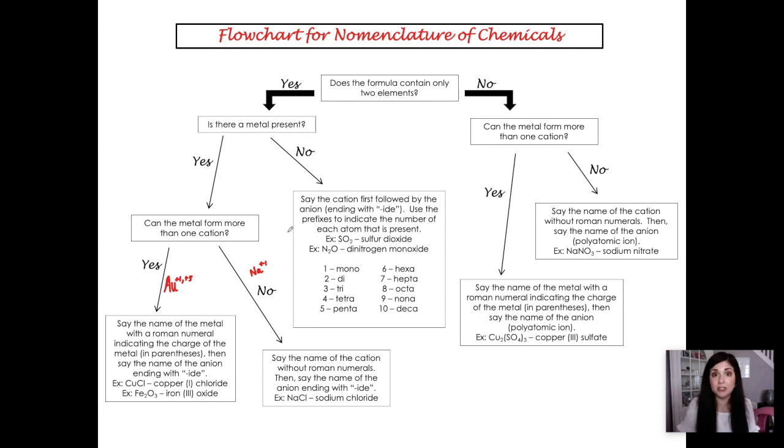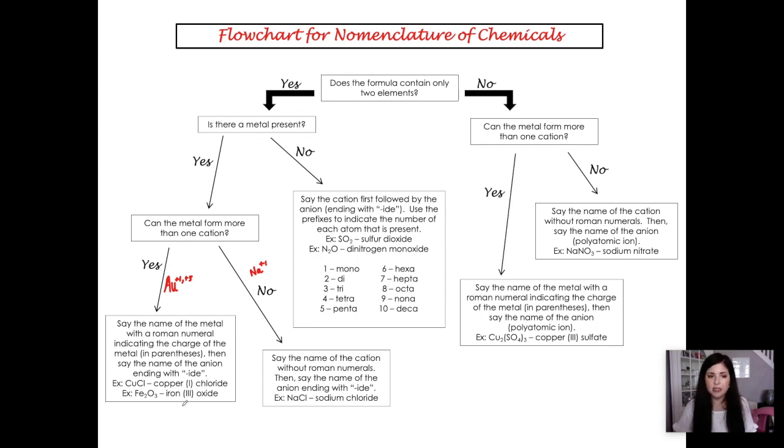It's inferred that it's 1 because there's literally nothing else it could be. So you don't have to say what it is, which is really the major difference between naming with a metal as your cation. If it has more than one charge, you have to say what the charge is. If it does not have more than one charge, you don't have to say.